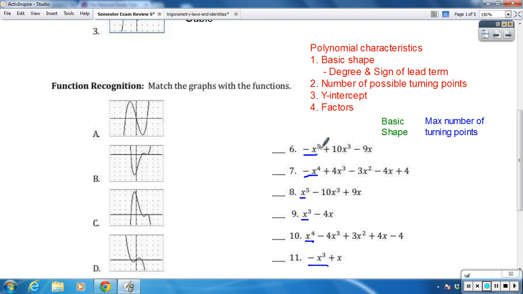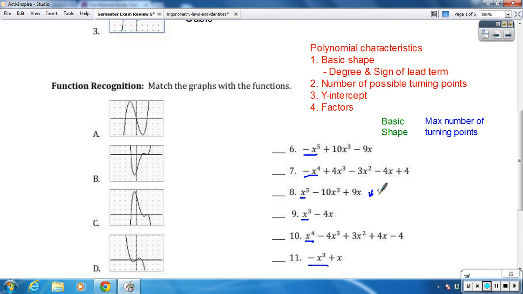So odd degree functions, odd degree terms, are going to have ends going in opposite directions, and even degree functions are going to have ends that go in the same direction. Also, we care about the sign of it. If it's a positive term, like number 8, then generally the graph is going to be increasing.